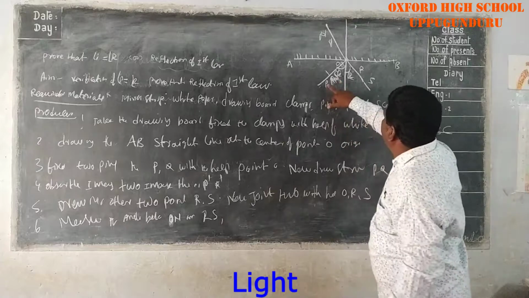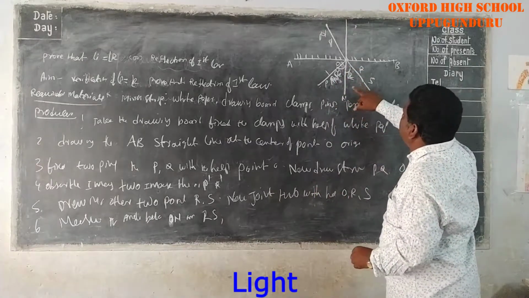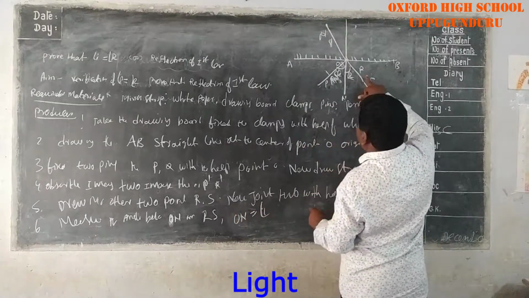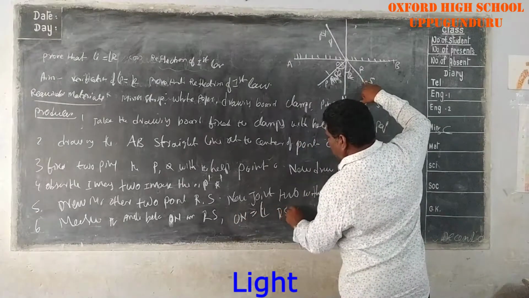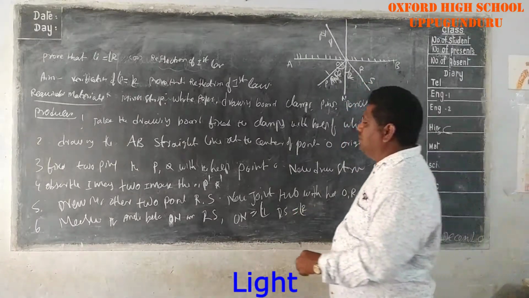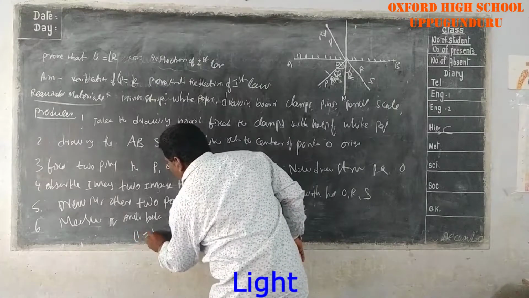The angle between ON and the first line is equal to angle I, and the angle between ON and RS is equal to angle R. So in this experiment we will prove that angle I is equal to angle R.